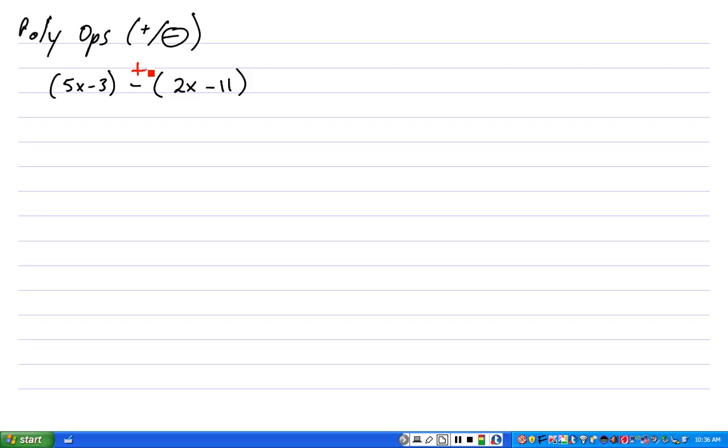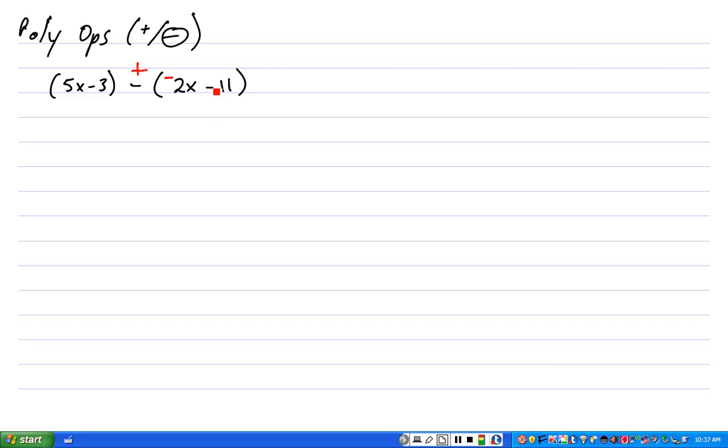Now we're able to do this as long as we change all of the signs of the polynomial that follows the minus sign. So here's the minus sign. So this would be considered the polynomial that follows the minus sign. As long as we change all of the signs in here, then we can turn this subtraction into addition. So right now it's a positive 2x, so we're going to change this positive 2x into a negative 2x.